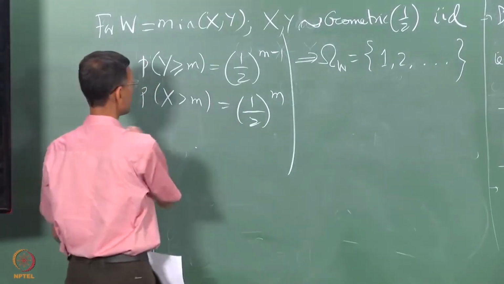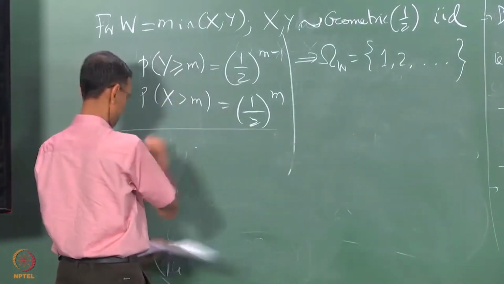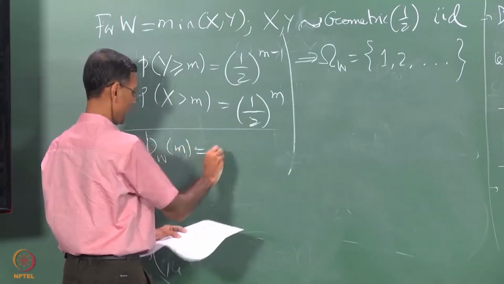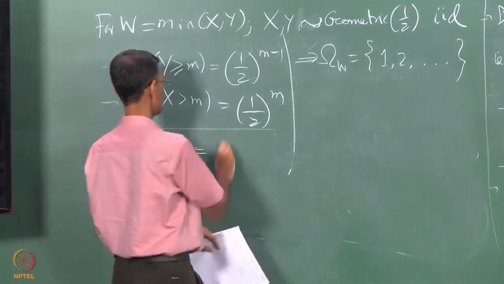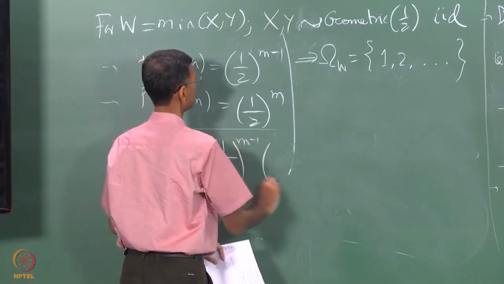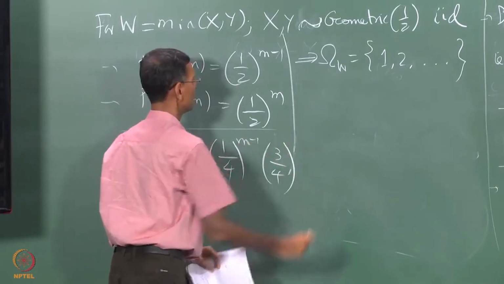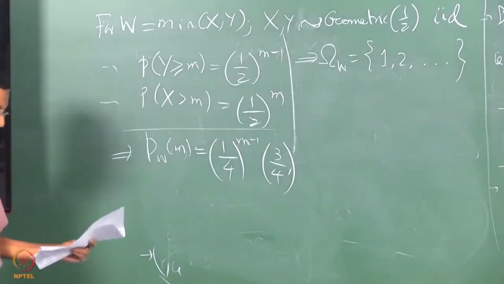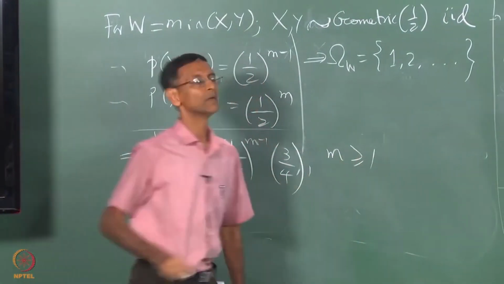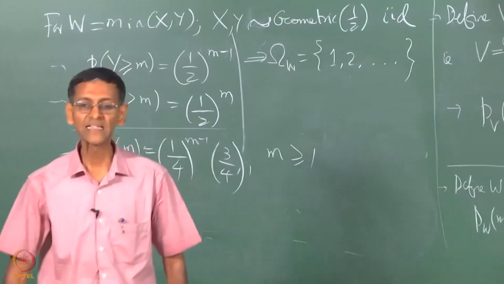So if you do all this together, you will find that P_W of m, you get this interesting expression. This is half power, 1 by 4 to the power of m minus 1 into 3 by 4, for m greater than or equal to 1. Remember, P(X equal to m) is what?